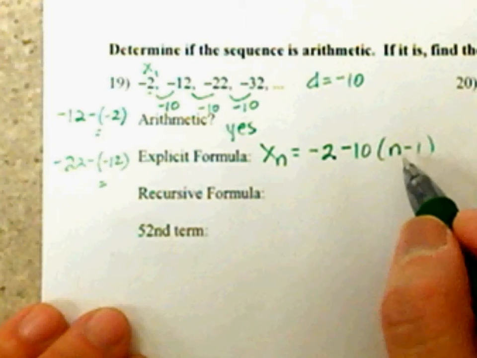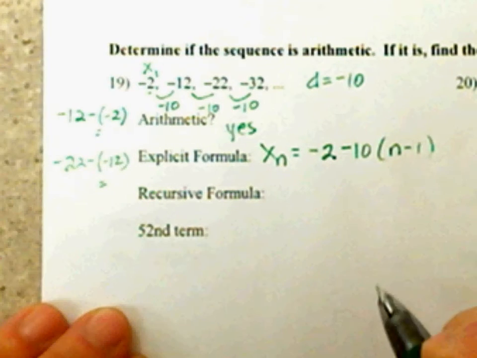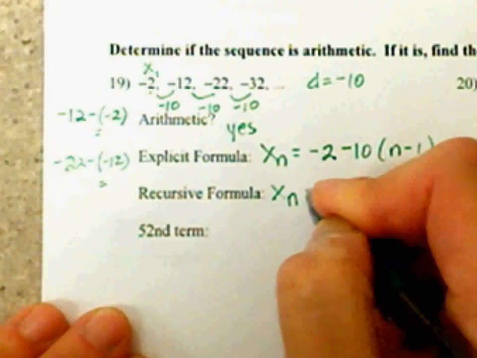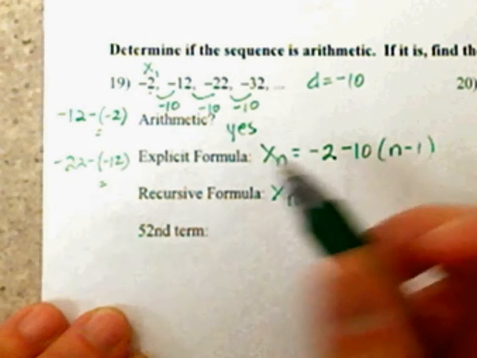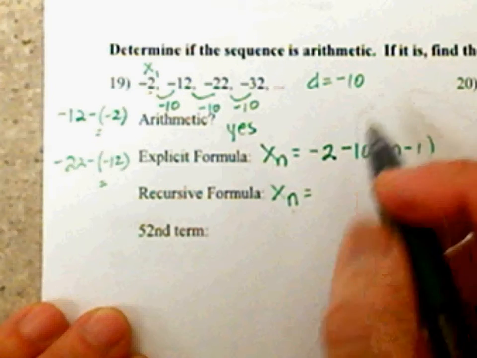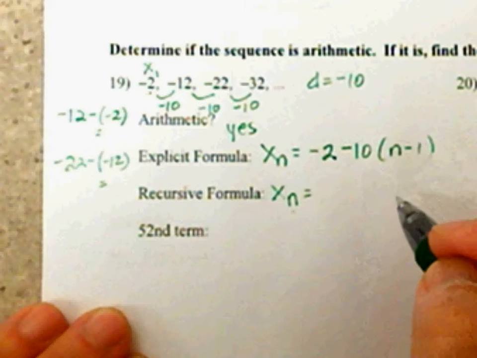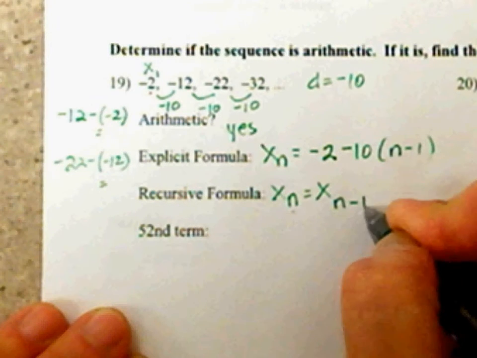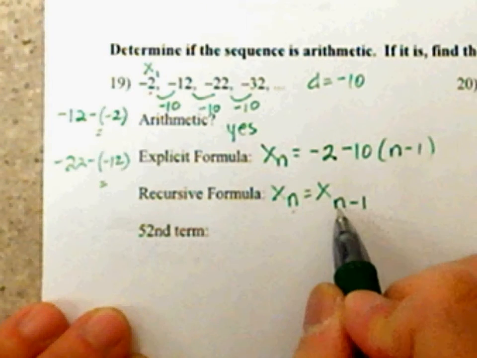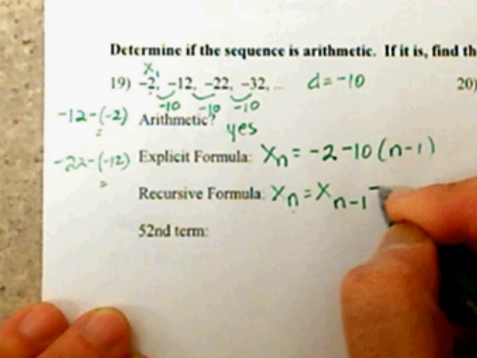Your recursive formula will look like this. Recursive is general. It can start anywhere, but you know you're going to go down 10. So xn equals the previous term, x n minus 1, minus 10. That is your d.